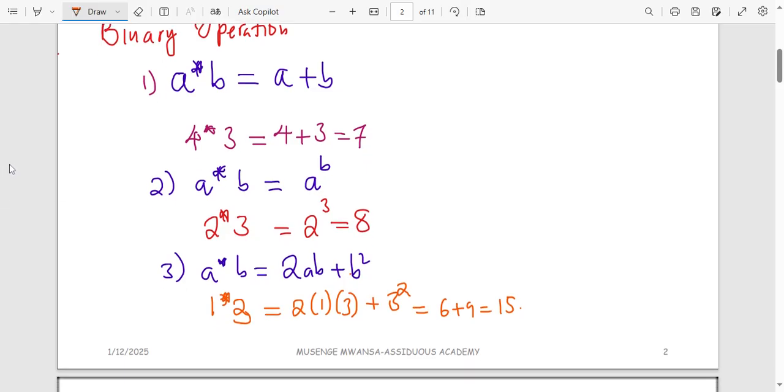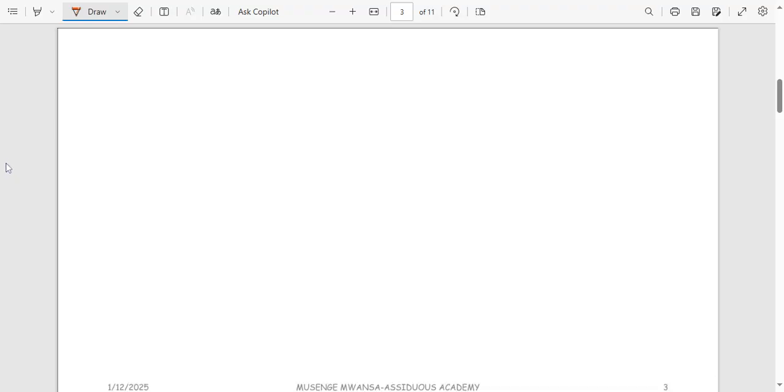Right, good. Now, what do we mean if we say an operation is a binary operation? So if you have got a set G or any set, let's say a set A, and the set A has got elements 0 and 1. If we are saying an operation is a binary operation on this set, it means that after we perform an operation, all the results should be part of this set.